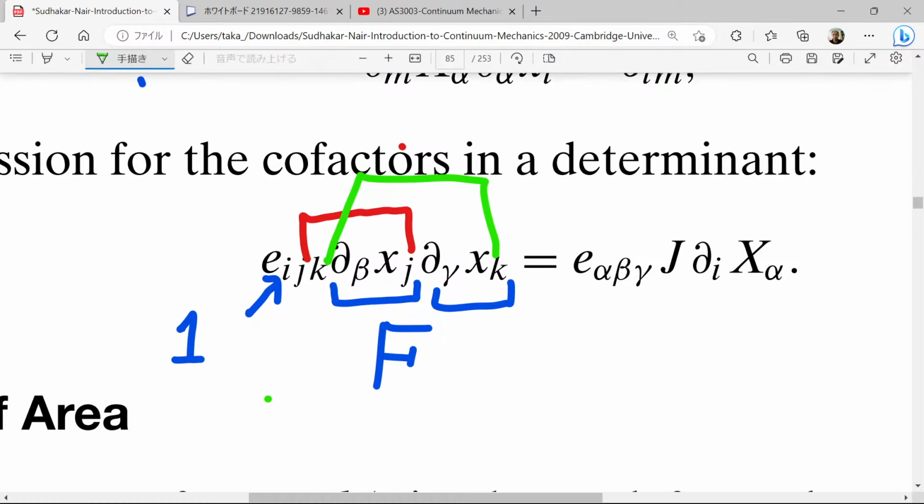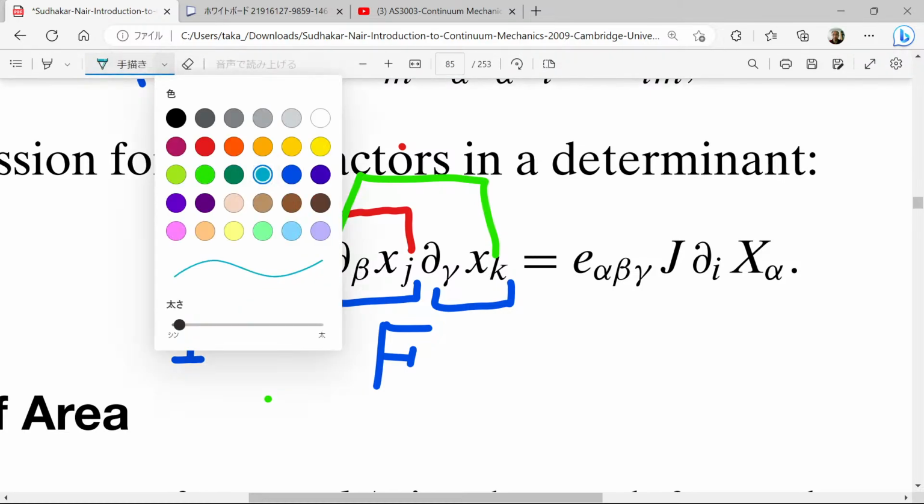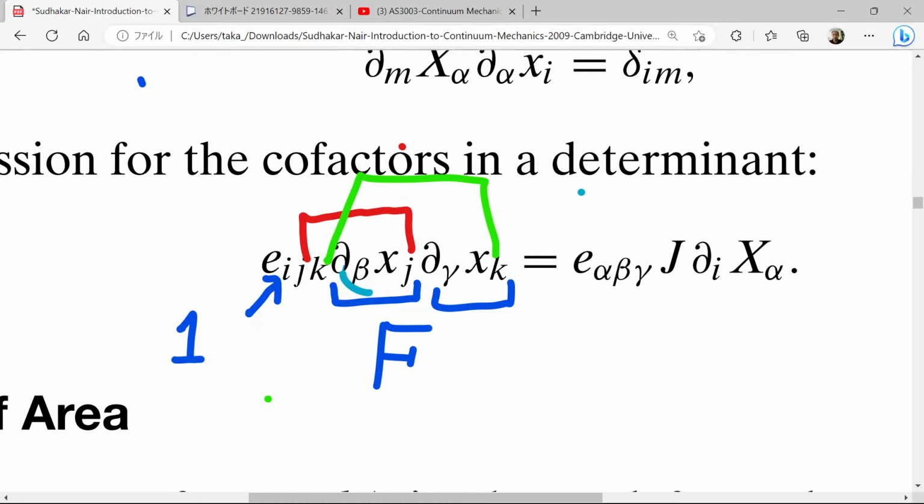And then there is beta, gamma. This is not summation. So we can choose, for example, beta, gamma, maybe.